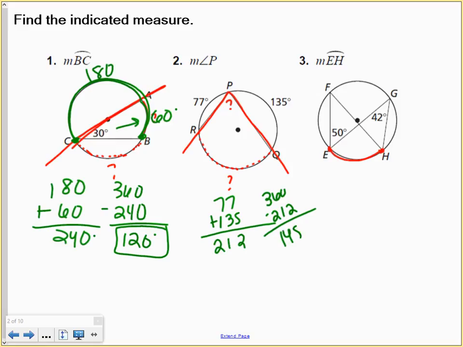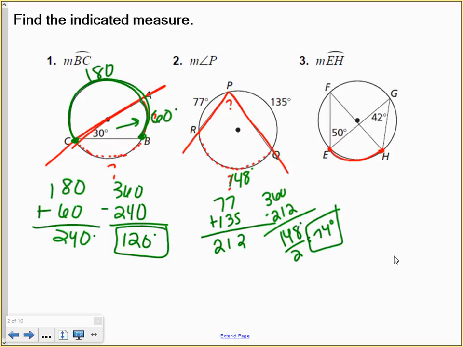Now cut it in half, and you get 74 degrees. Sorry, my work got real sloppy. So add up the two arcs, 77 and 135. Take it away from 360 and you get 148. But that's just the arc RQ. Half of 148 would be 74.